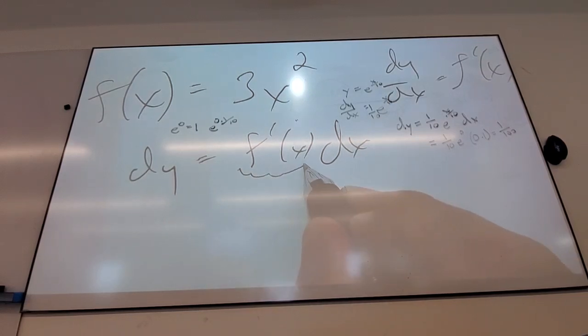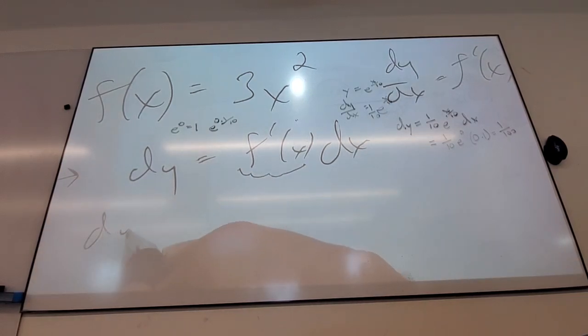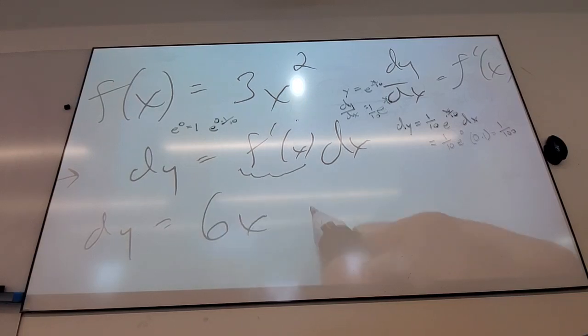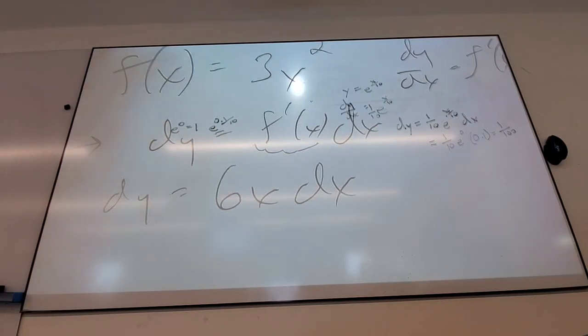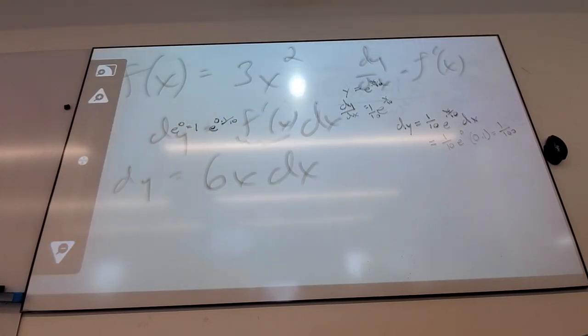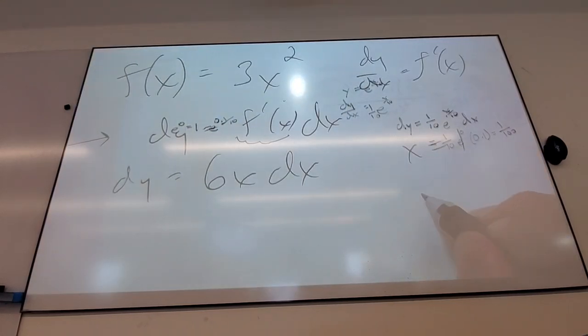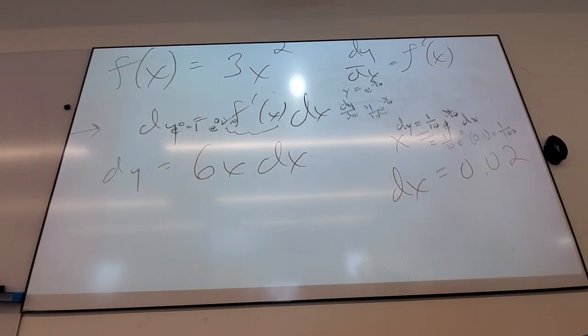So the only thing I have to figure out to finish this differential is what is f prime? 6x. Now, let's say x is 1 and dx is 0.02. Can you figure out the differential?